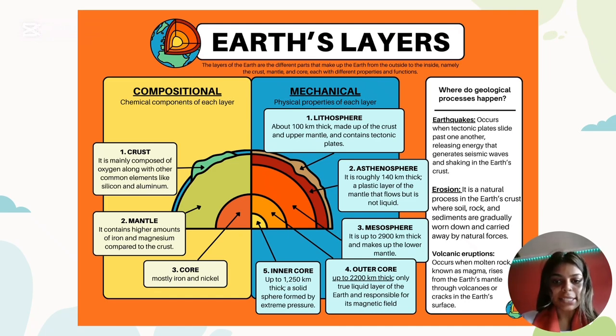Now we look at the last section. This is on your left hand side, the geological processes. These processes mainly occur in the Earth's crust and the upper mantle. Earthquakes result from the movement of tectonic plates in the lithosphere. Volcanic eruptions occur when magma rises from the mantle to the surface.